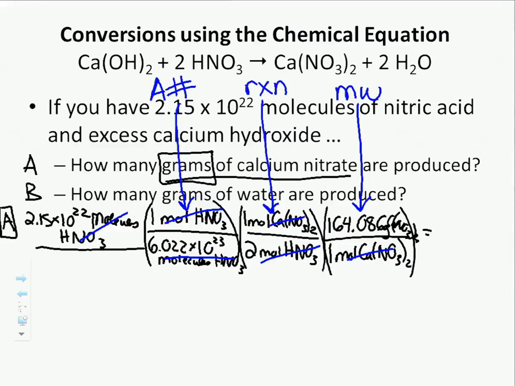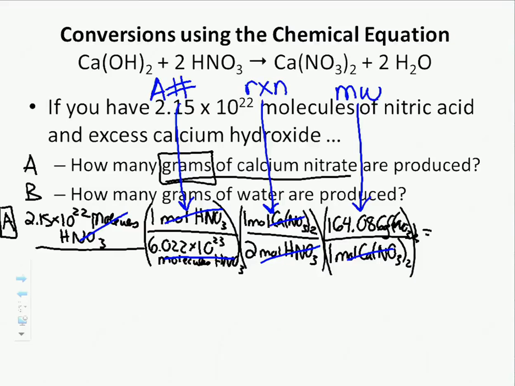So let's do our math and figure out if you have 2.15 times 10 to the 22nd molecules of nitric acid, how many grams are being produced. So 2.15 times 10 to the 22nd times 164.086 divided by 6.022 times 10 to the 23rd divided by 2.